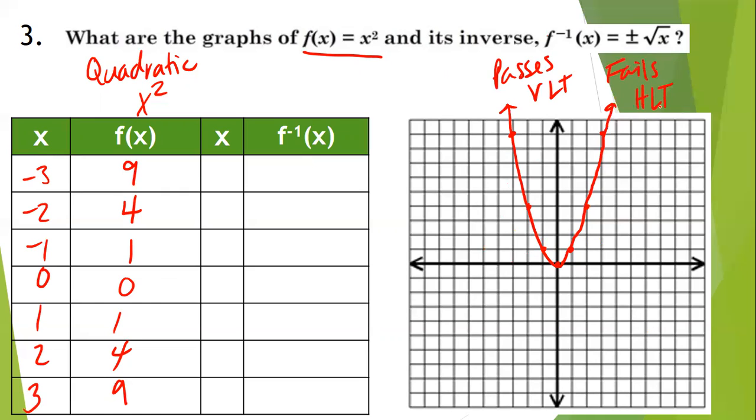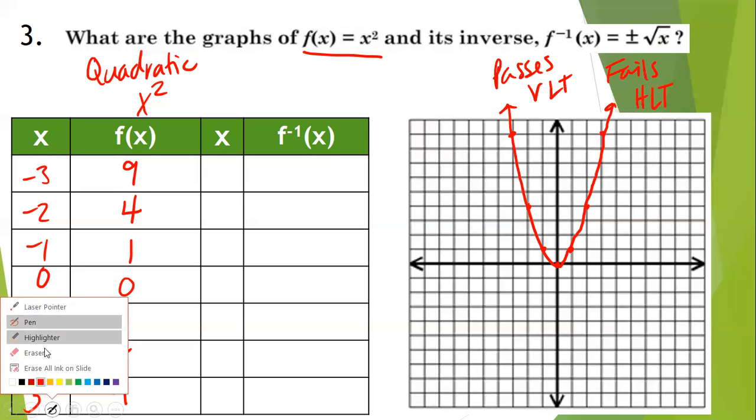Failing HLT lets me know that its outright inverse is not a function, meaning that if I was to find the inverse of this, it wouldn't be a function. I would have to have some restrictions and everything, but it would not be a function. And we're going to graph why that would be the case.